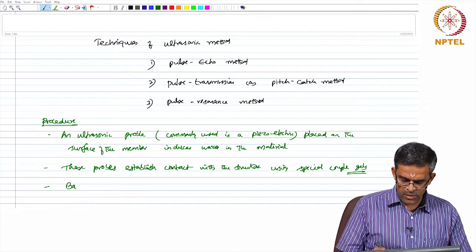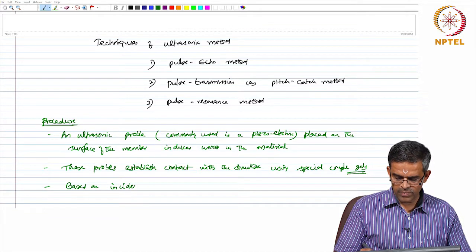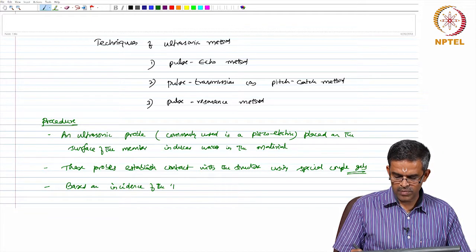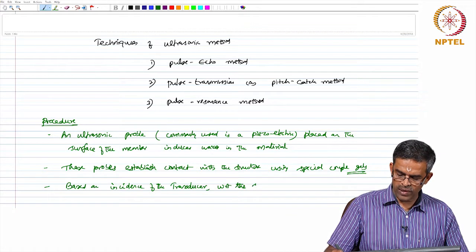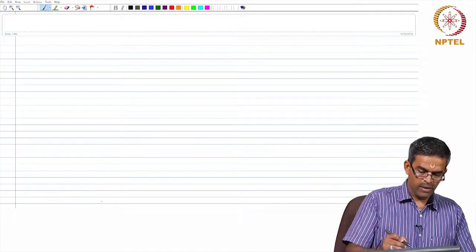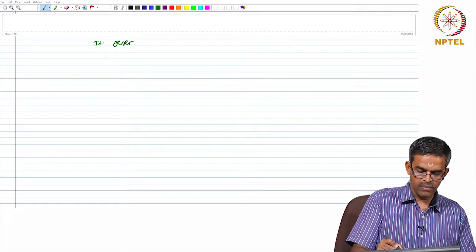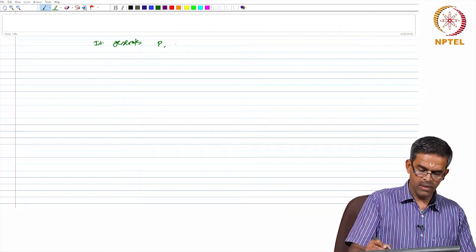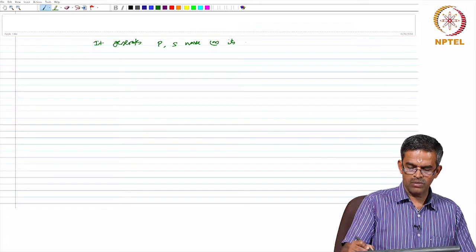Now, based on the incidence of the transducer with respect to the surface of the member, it generates P or S wave or its combination.